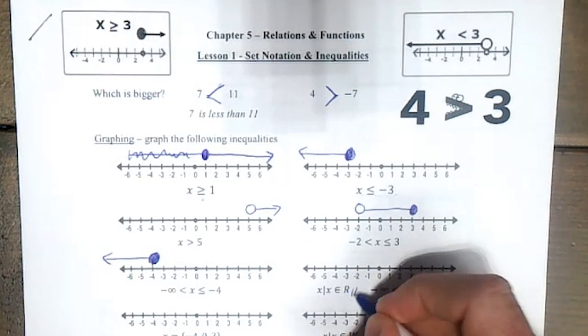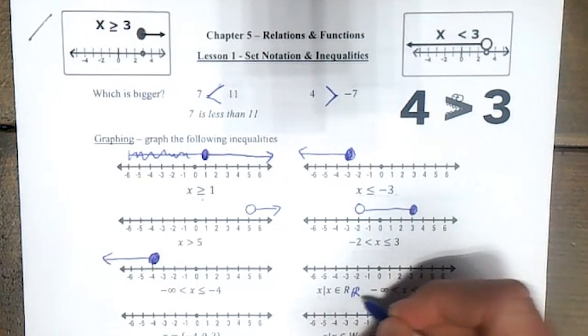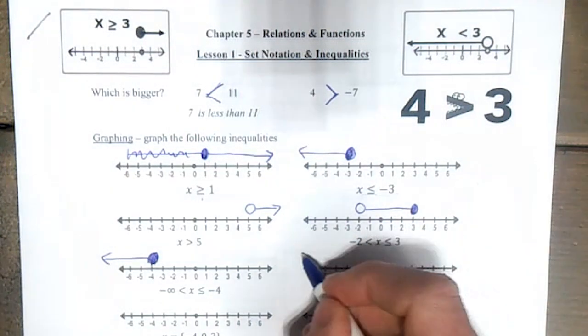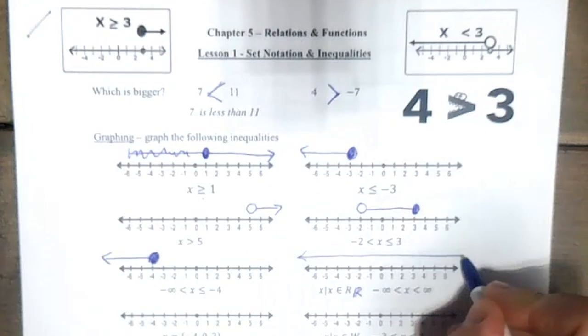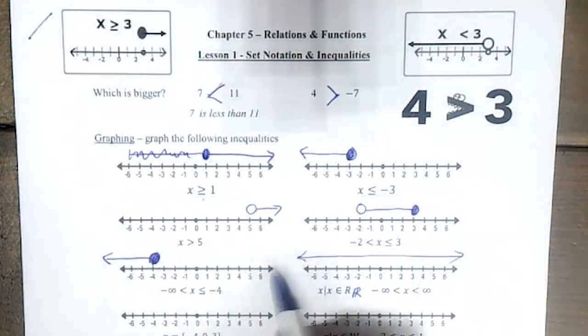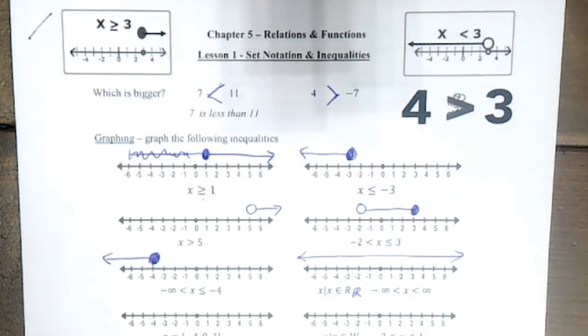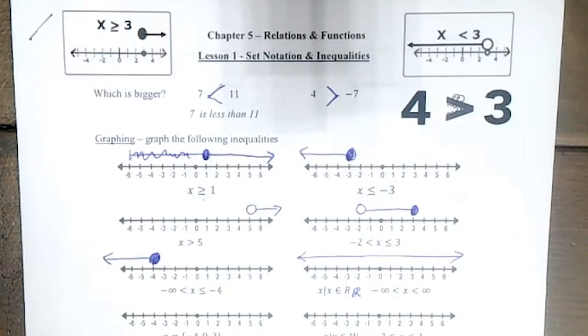Now a lot of times you'll see R with a second line in the middle. So it's all real numbers from negative infinity to positive infinity. It never stops. So negative infinity to positive infinity. There's no dots at all because there's no boundary points. We never have an equal sign with infinity.